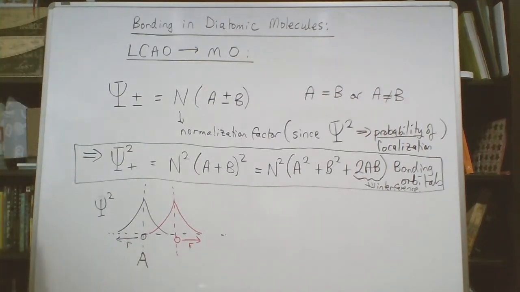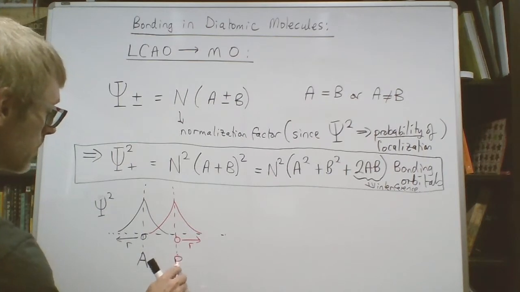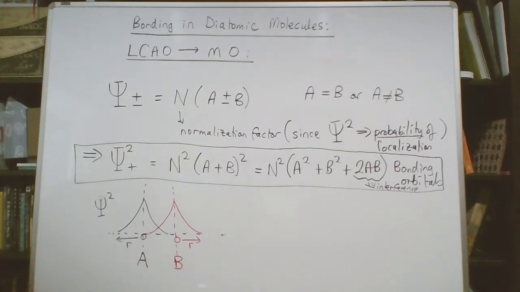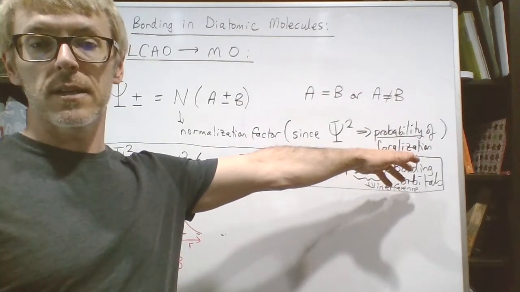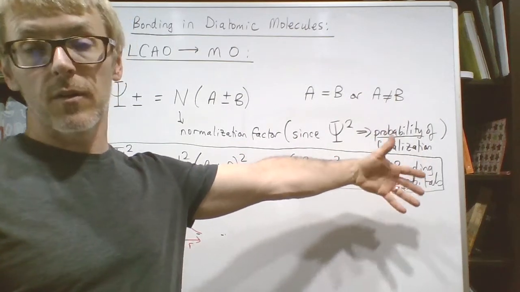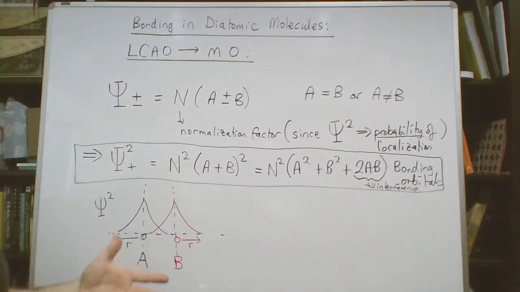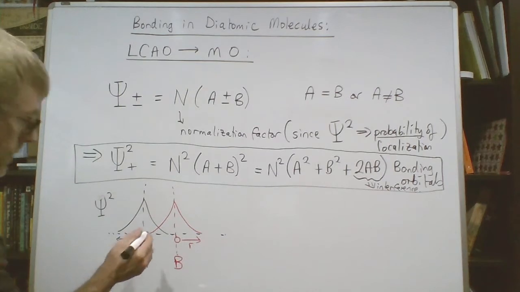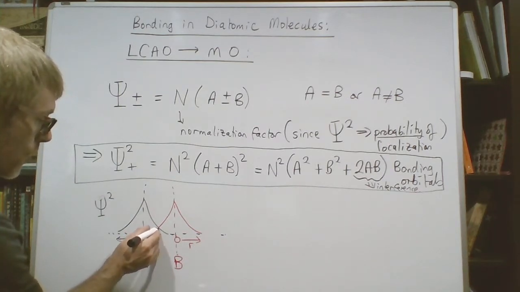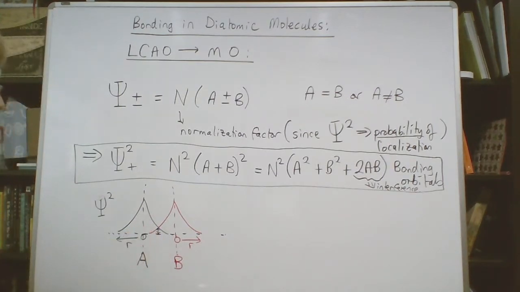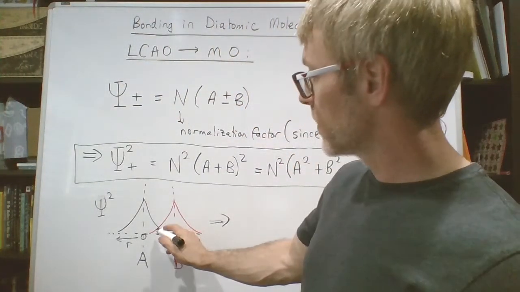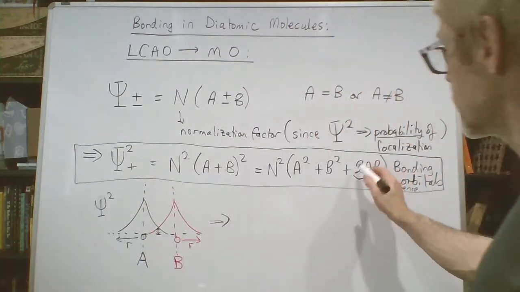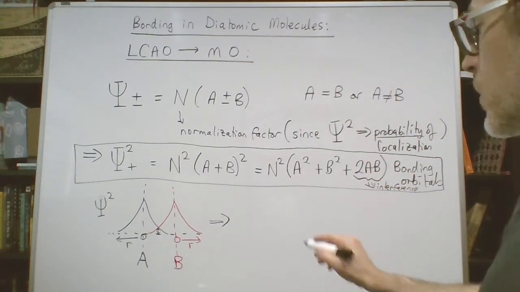Let's call this B. So remember, psi squared is interpreted as the probability of localizing the subatomic particle that you're looking at. Here we're talking about the electron. Notice that there's a non-zero probability here. This is greater than 0. So there would be a positive overlap here, this positive interference piece here, this 2AB.